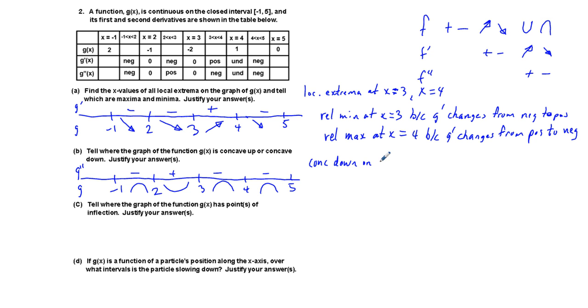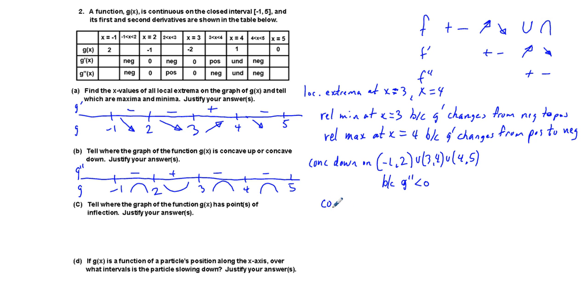Well, we got 3 of them. We got -1 to 2, union 3 to 4, union 4 to 5, because g double prime is less than 0.